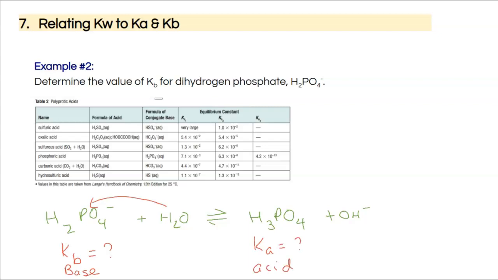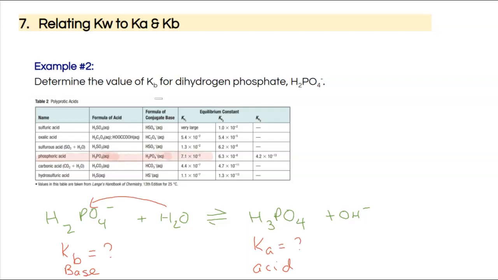And that's this one. And so you hopefully started there and realized, oh, wait a second, what I have here is a polyprotic acid, so I need to go to my polyprotic acid chart and look up the Ka value for phosphoric acid. And so when you do that, you see that for phosphoric acid, its conjugate base is that dihydrogen phosphate ion.